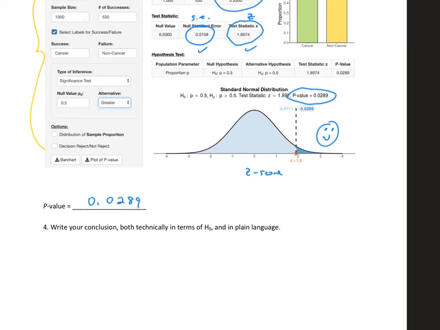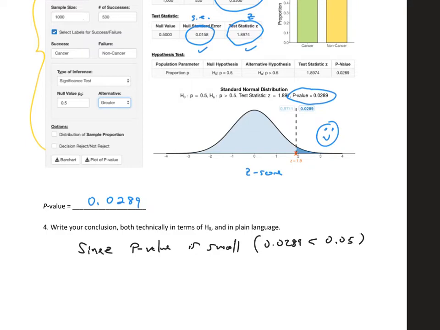So now I can write a conclusion, and I have a technical conclusion first, which is since this p-value is small, and remember small here means less than my significance level.